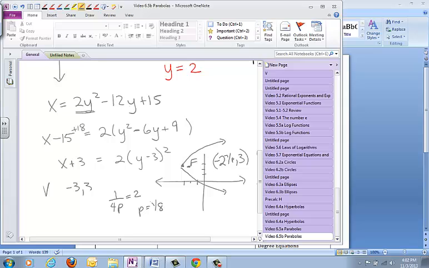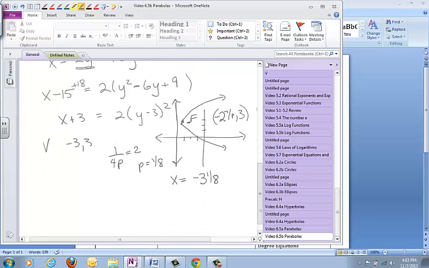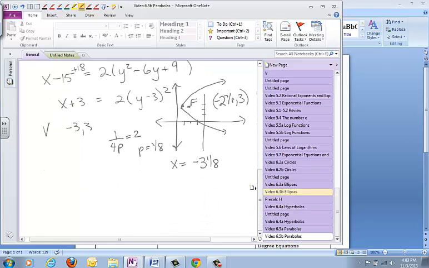I'm going to go 1/8 to the left and draw this directrix, and so it's going to be the equation x equals, and if I'm at negative 3, 3 here, when I go 1/8 to the left, I'm at x equals negative 3 1/8. Okay, and so that's a complete graph after completing the square.